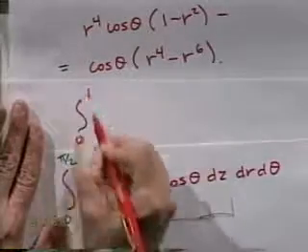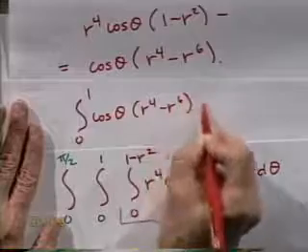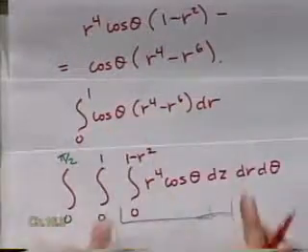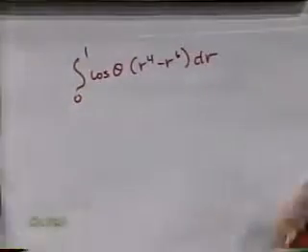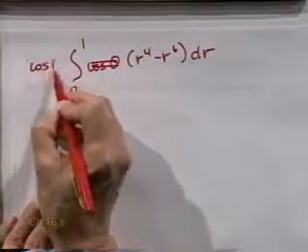So I take that, and my next integral is going from 0 to 1. So we're going to integrate from 0 to 1 cosine theta times r to the 4th minus r to the 6th dr, because I brought that down here, and I see I'm going from 0 to 1 dr. Cosine theta is a constant, so we can factor that out.